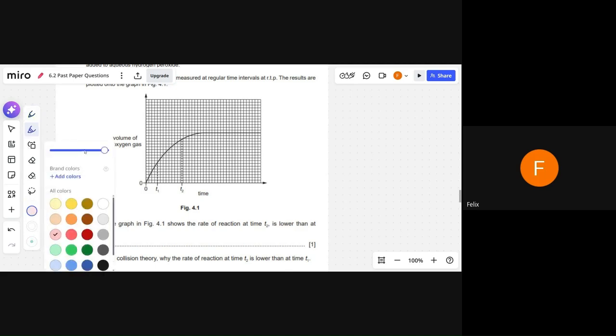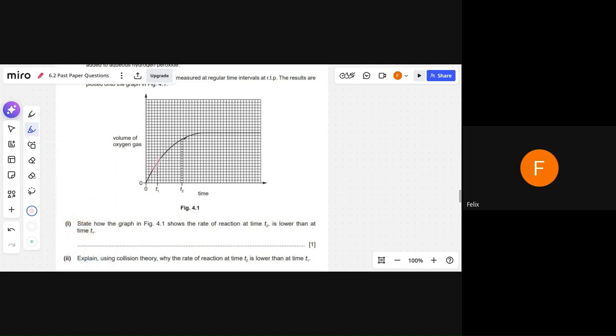This is a basic understanding: if a curve is steeper, the reaction is fast, and if it has a lower gradient, it is a slow reaction, right? So how will you answer this question? You will say that it has a lower gradient at t2.